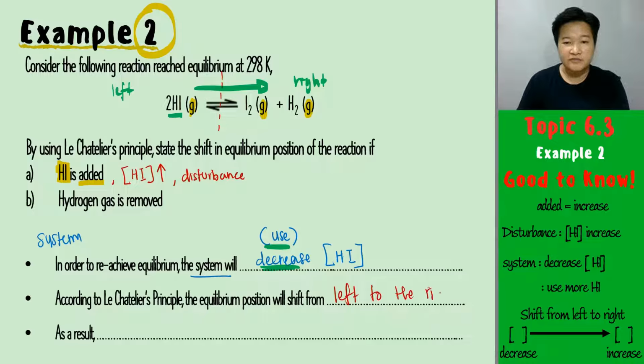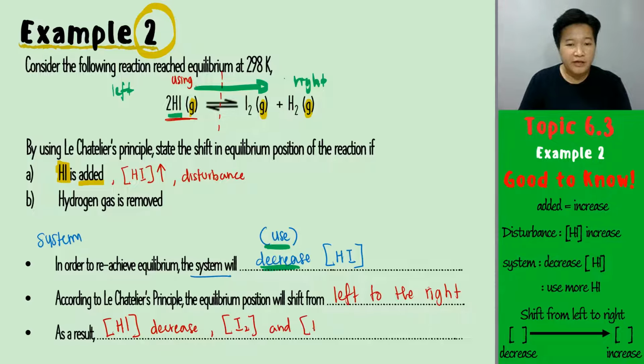And since we are shifting from the left to the right, as a result, what happened to the concentration of your HI? We are moving from the left to the right. So we are using your HI, right? And since we are using the HI, the concentration of HI will decrease. And then what happened to the concentration of I2 and also the concentration of your H2?